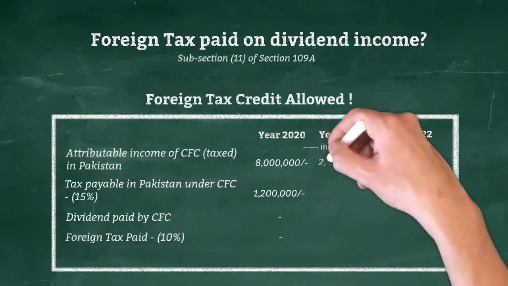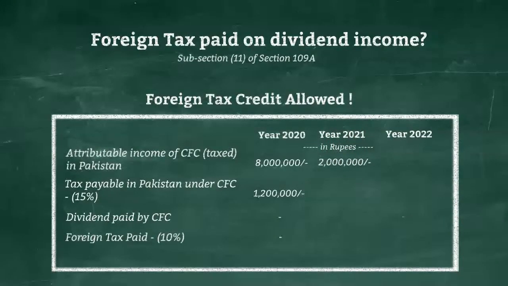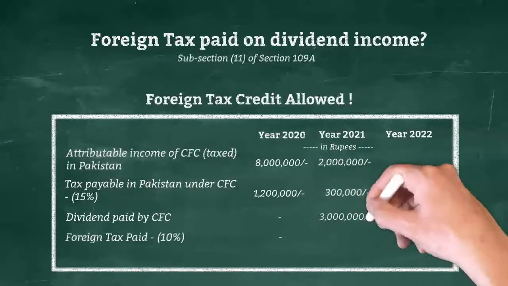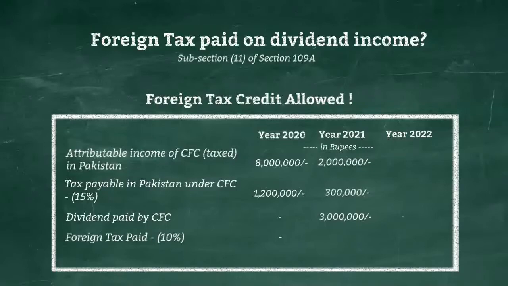In the next year, 2021, attributable income is Rs 2 million and tax under CFC regime works out at Rs 300,000. Further, a dividend is also received to the tune of Rs 3 million during the year and tax is deducted at 10% on the said dividend by the CFC. The resident person shall be allowed to take credit of this foreign tax paid, since tax paid is lower than the tax as applicable in Pakistan at 15%. So total foreign tax credit shall be allowed.